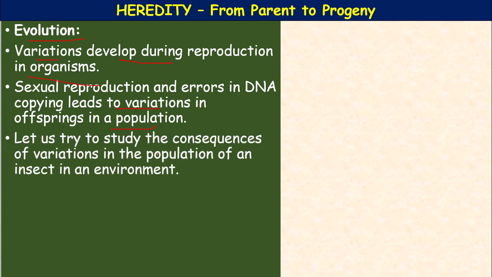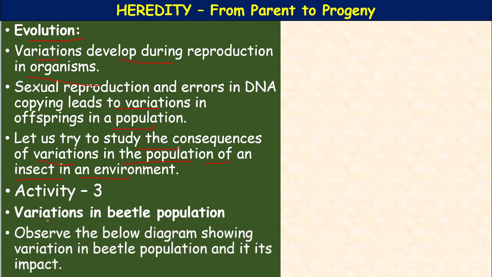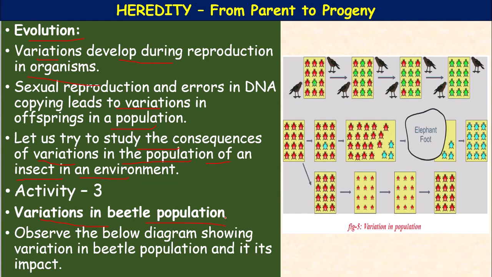Let us try to study the consequences of variations in the population of an insect in an environment. So, the third activity, the variations in beetle population. Let us observe the variations in the beetle population. Observe the below diagram showing the variation in beetle population and its impact.